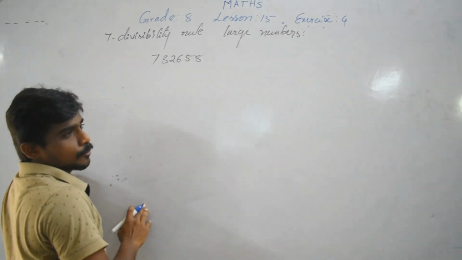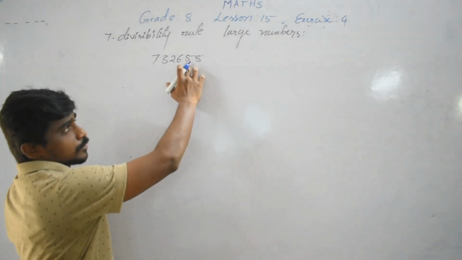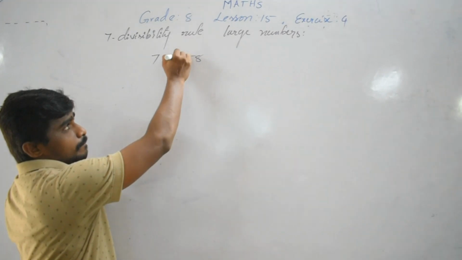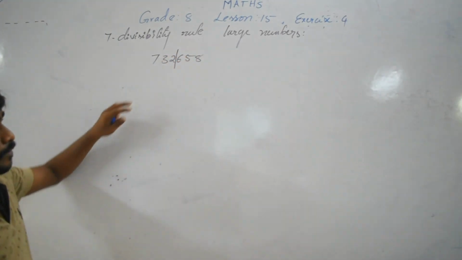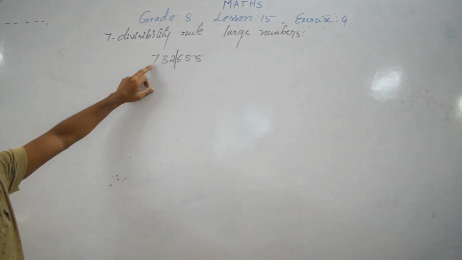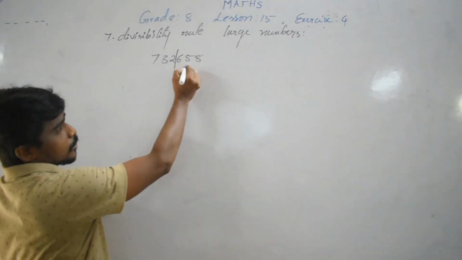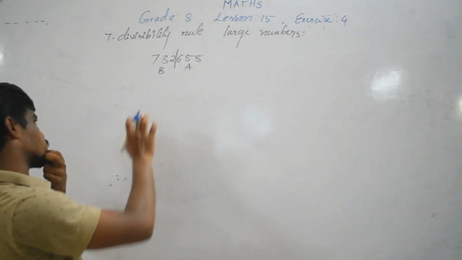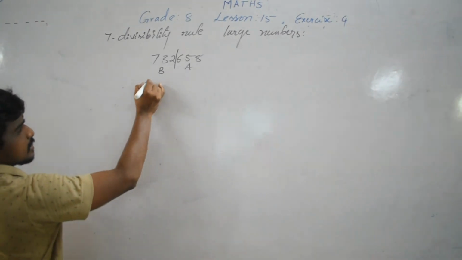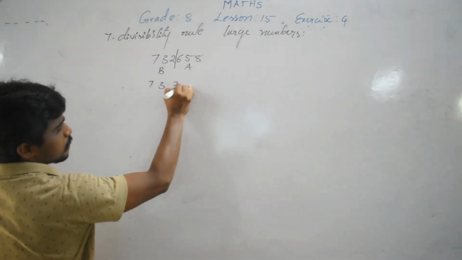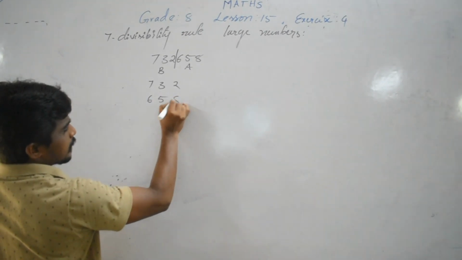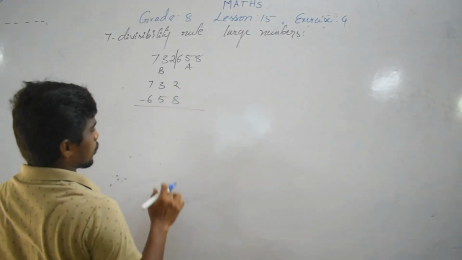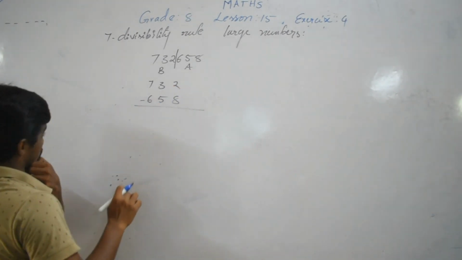So 1 2 3 is one group, and 1 2 3 is another group. Here A, here B, and you subtract these two: 732 minus 658.